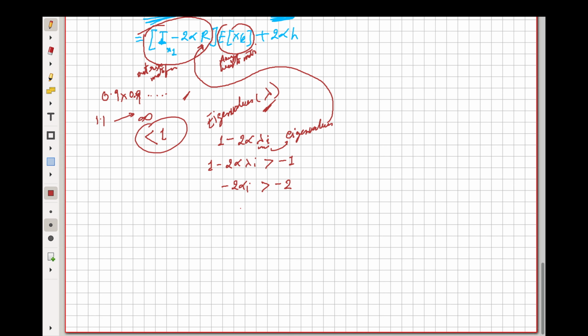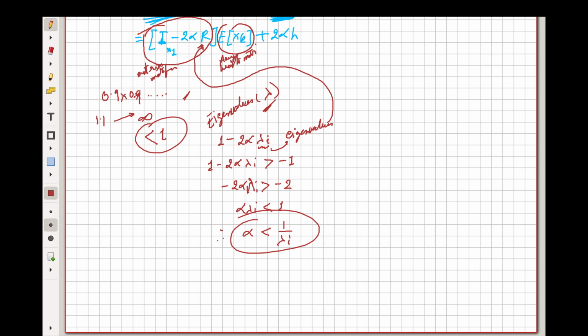Sorry, I missed the lambda i here, so alpha lambda i, not alpha i. You divide by 2, so this goes away, and this becomes less than 1. Therefore alpha is less than 1 divided by lambda i. Now this is an important relation.